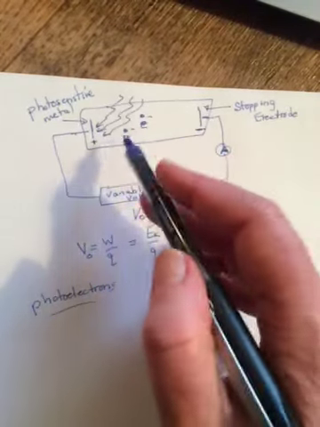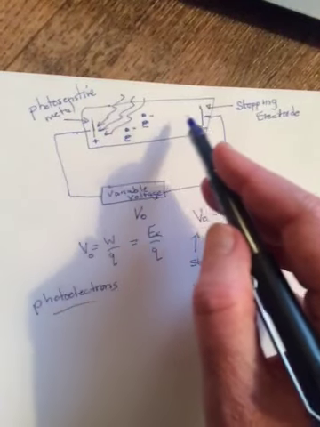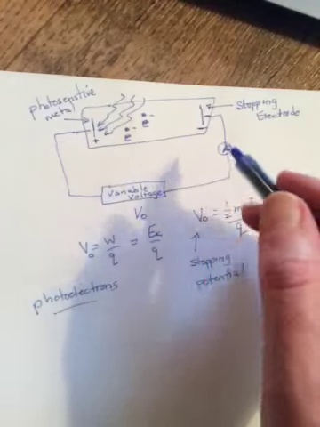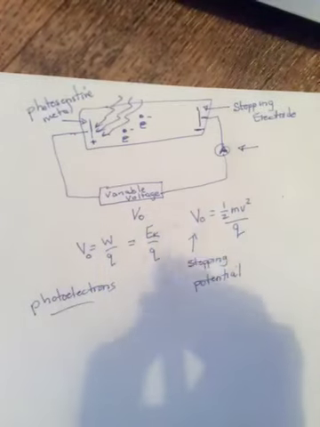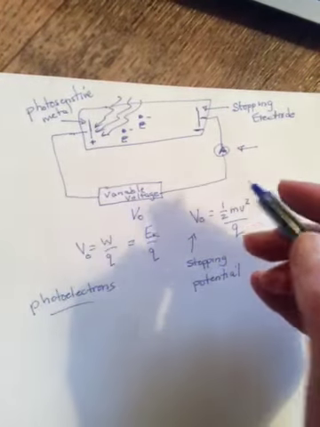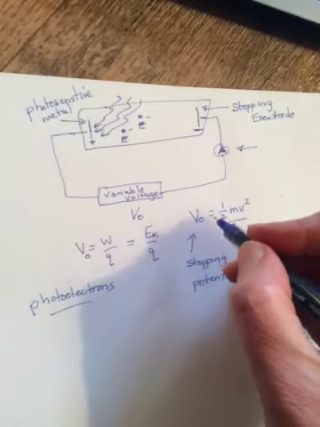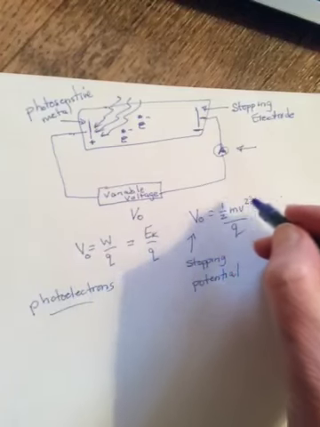But as I make the voltage bigger, the slower ones coming off aren't going to make it. Only the fastest ones will. And I can increase this voltage until finally the reading in the ammeter is 0. When the reading in the ammeter is 0, then I know that I have just found what's called the stopping potential.